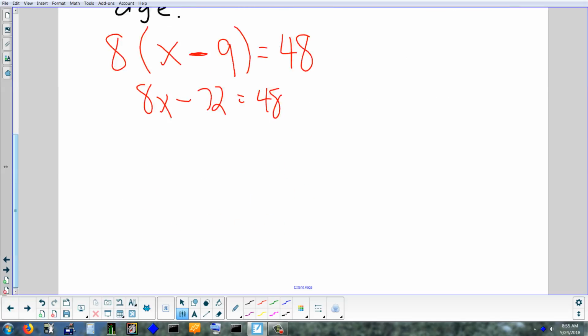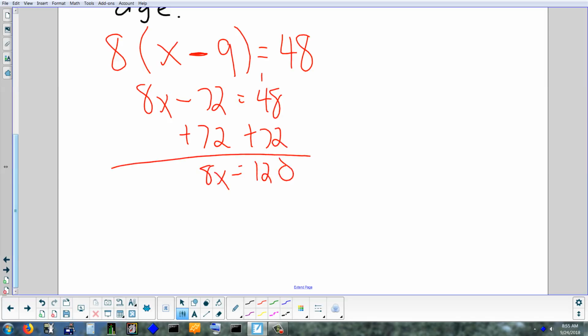Two more steps. Nathan, what am I going to do now? Add 72 to each side. That's a 72, buddy, my handwriting's really bad. Add 72. This is going to be 120. All right, the last step is going to be what? Chris?